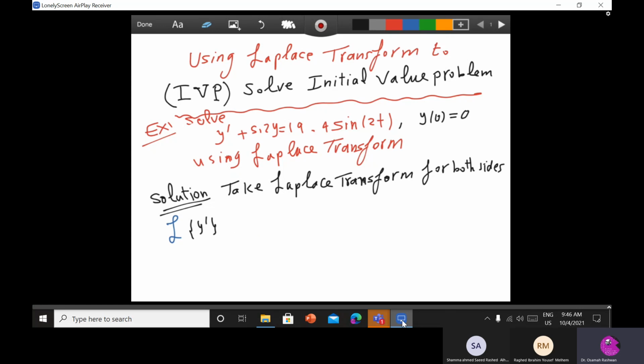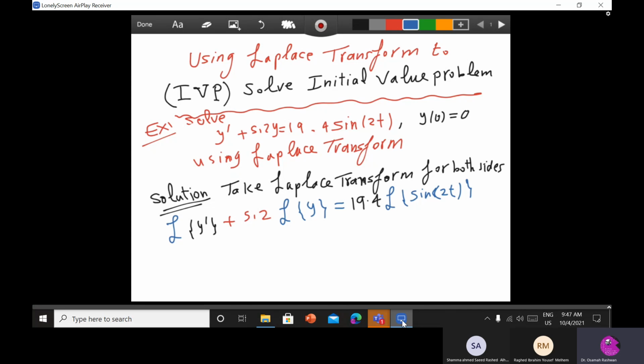So I can take the constant outside plus 5.2, and I will take Laplace transform for only y equal to, yes, I have a constant, so I can take it outside because Laplace is an integration and you can take the constant outside the integration. Okay, and take Laplace transform for the sine 2t.